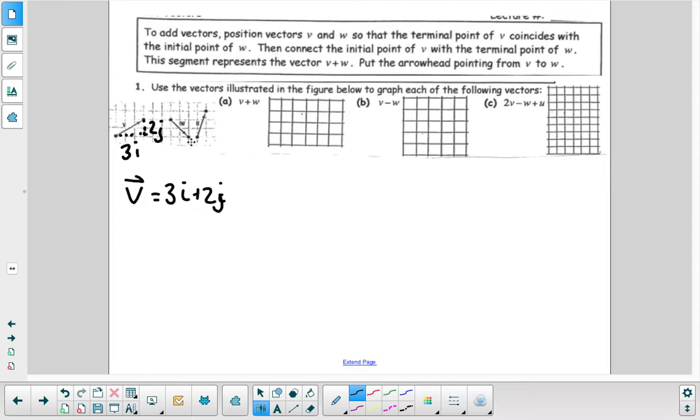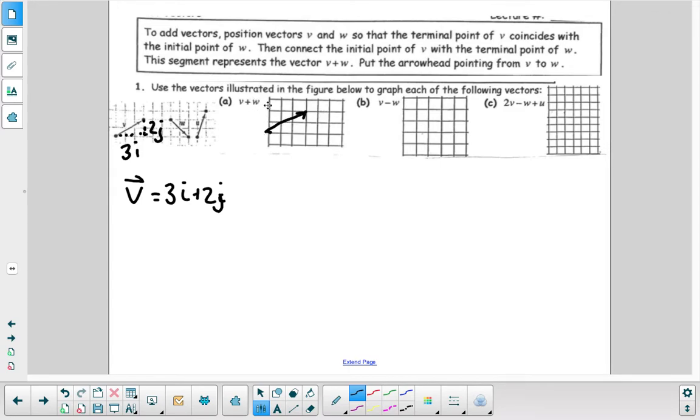Same thing with w and u. You're going to have direction and magnitude. This basically tells you if you're going in one direction and then a second direction, how far do you have to travel to get to that spot. But when you're adding these, you're going to start with vector v. I'm going to just draw that first. Vector v is 3 right, 2 up.